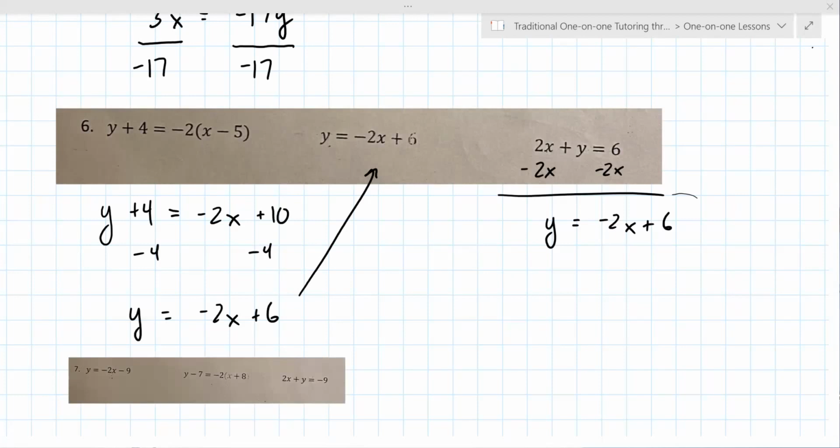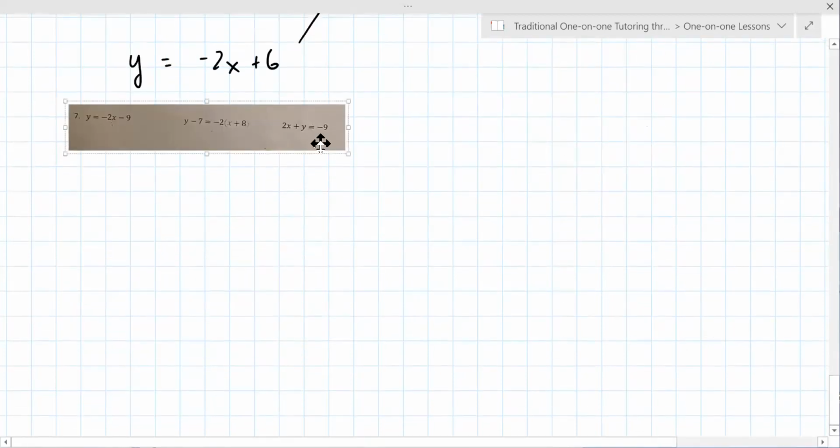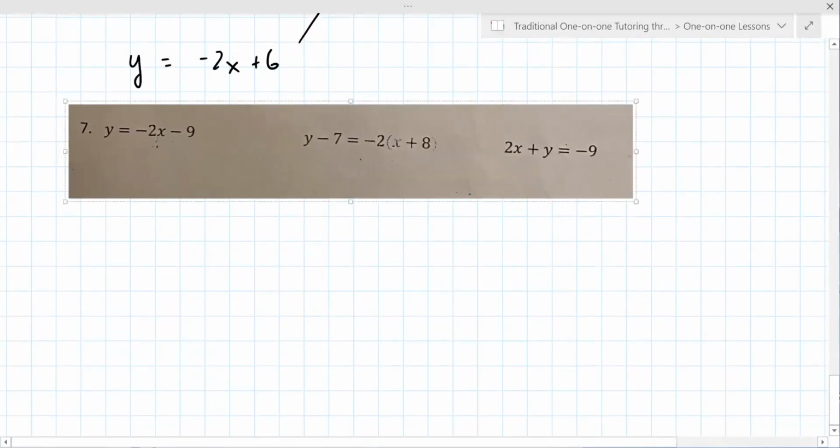Okay. All right, so it's number 7. Okay, we're doing that. Okay, so let's try this one again. Same thing, and probably best, you want to start with either the one in the middle or the right. The right.